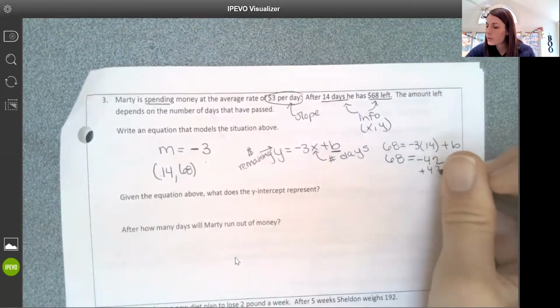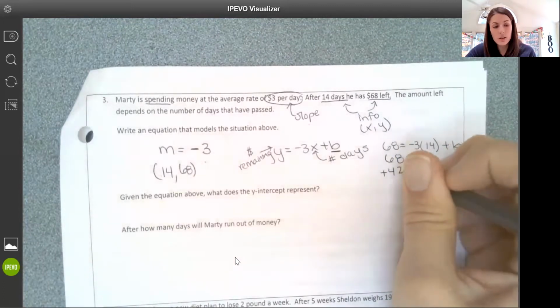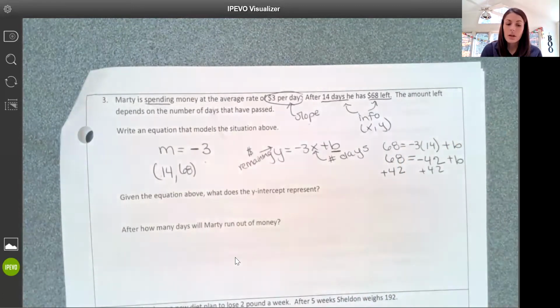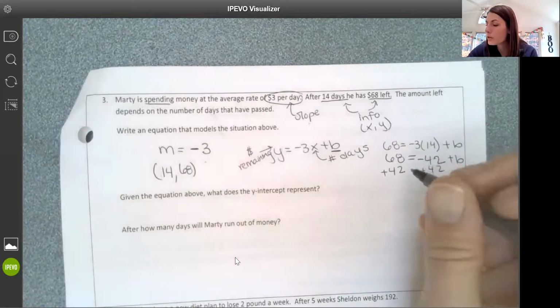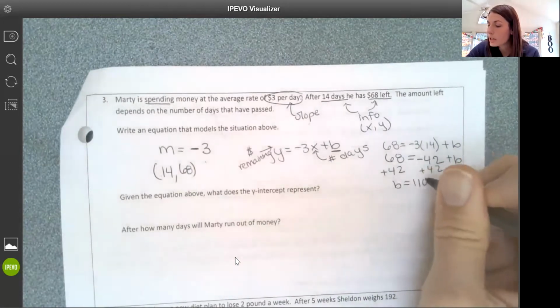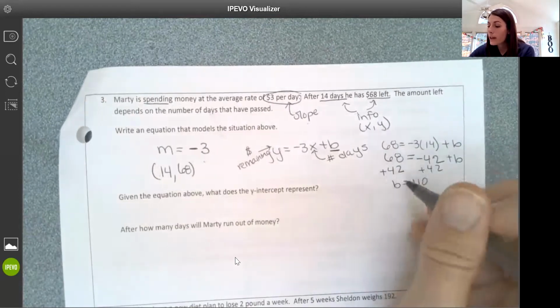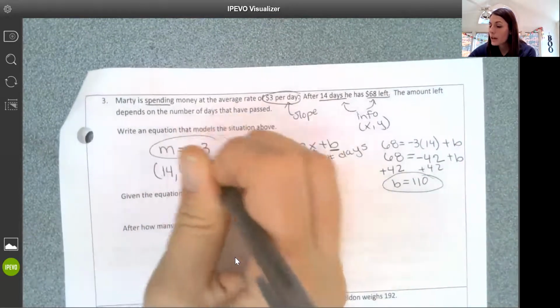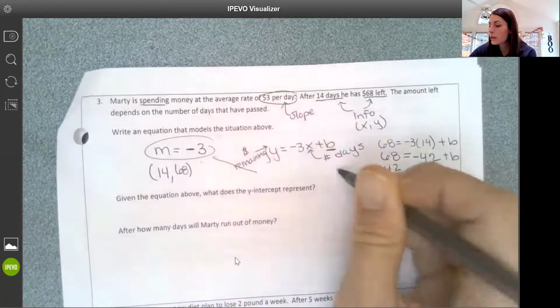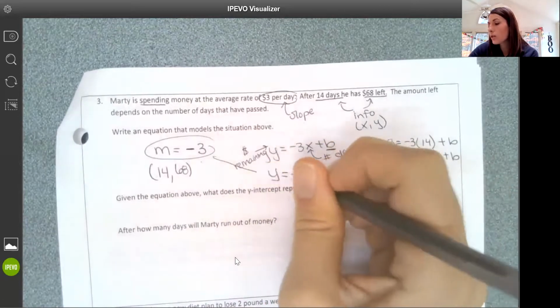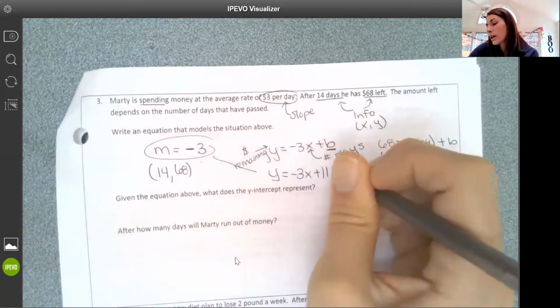And add 42 to both sides. And I get a B value of 110. Putting that together into an equation, Y equals -3X plus 110.